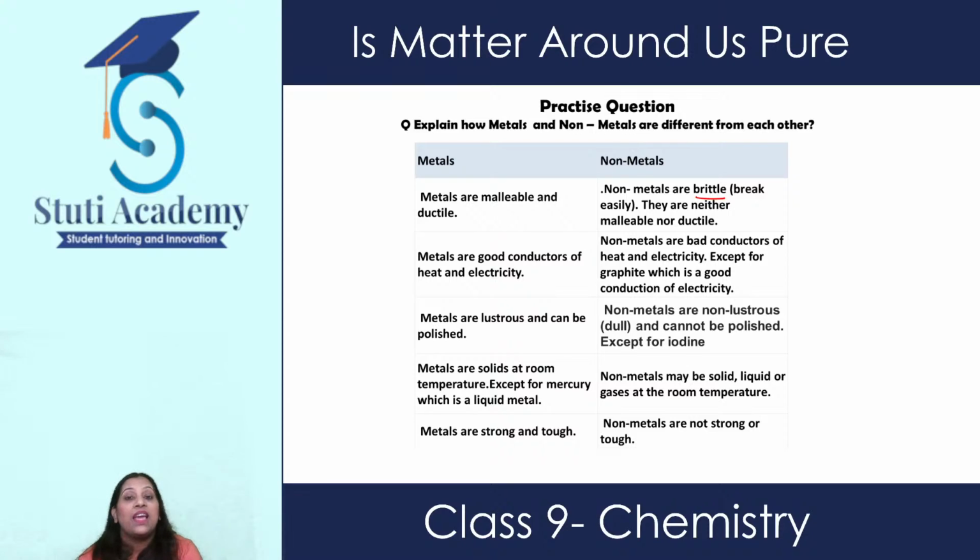It means they cannot allow electricity or heat to pass through them, except graphite, as I told you. And we use this graphite in pencil cells. I hope you know what a pencil cell is, that dry cell which we use in our remote controls.